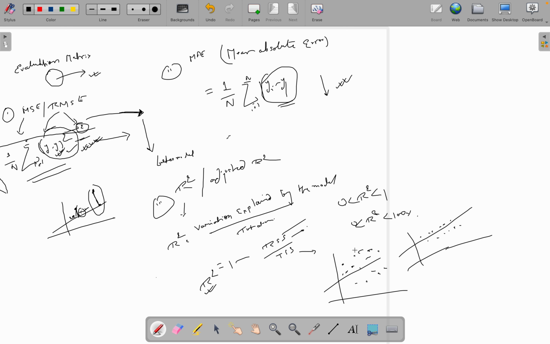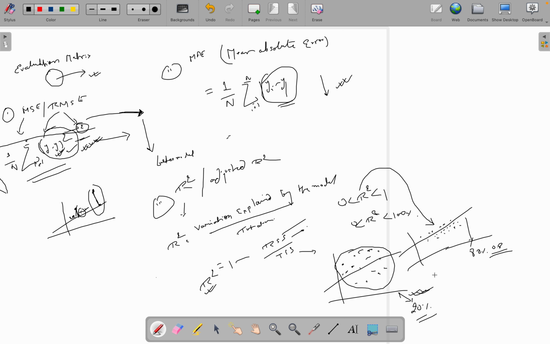Here the points are sparse around the line, so your R square will be around 20% or 0.2, and here it is closer to the regression line, so it is around 80% or 0.8. If R square is more, the better your model is, and if R square is less, your model needs to be improved.